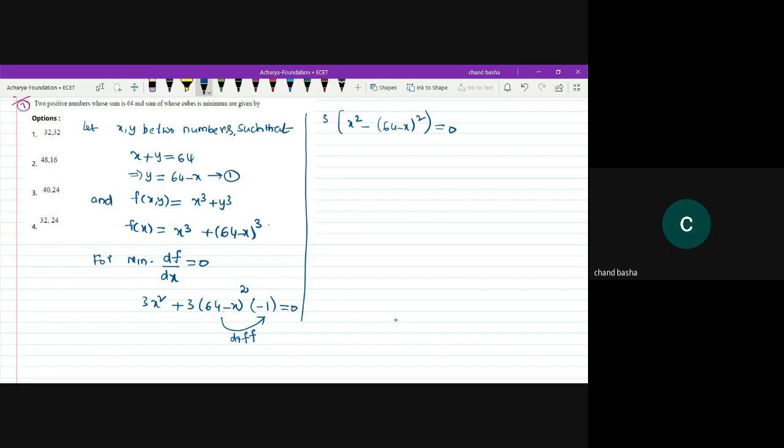So from this, what am I going to get? x square minus (64 minus x) whole square is equal to 0. So you can take x square is equal to (64 minus x) whole square.